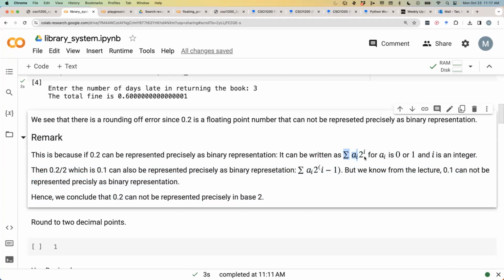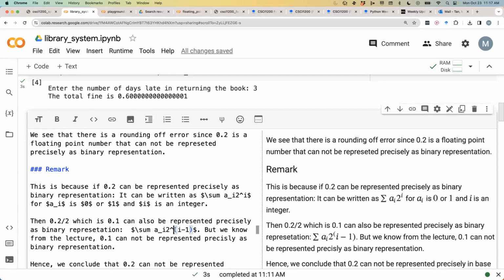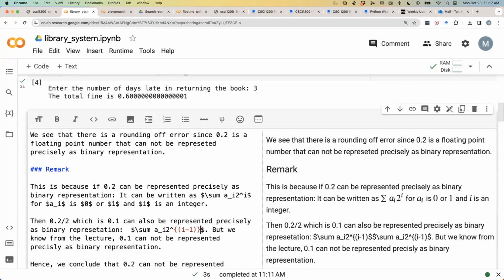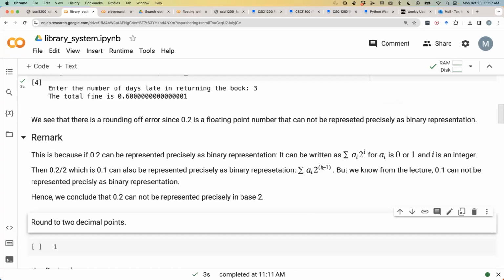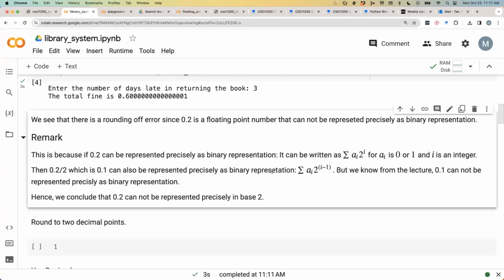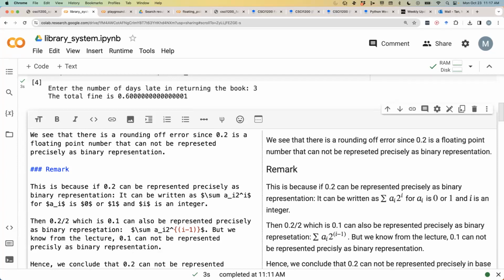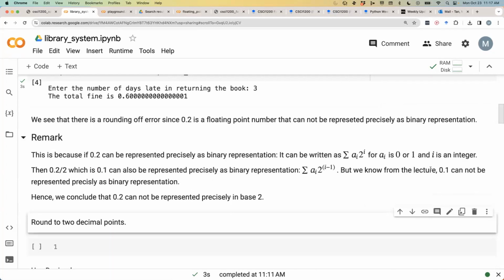And if you divide 0.2 by 2, which gives you 0.1, the representation remains a sum of powers of 2 as well, which means 0.1 should be representable precisely as a binary representation. However, we have seen in the lecture that it can't, and hence we conclude that 0.2 cannot be represented precisely in base 2 as well.